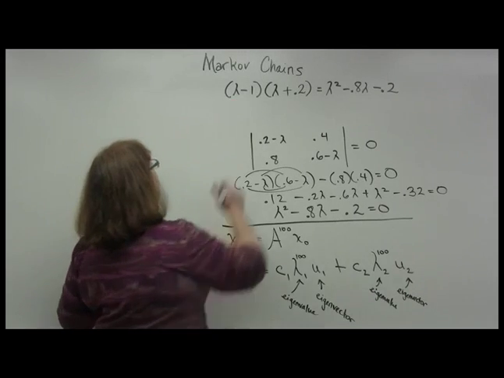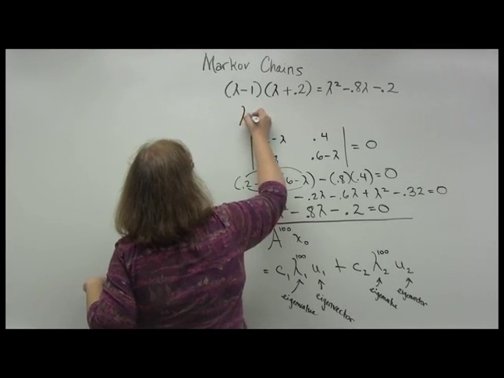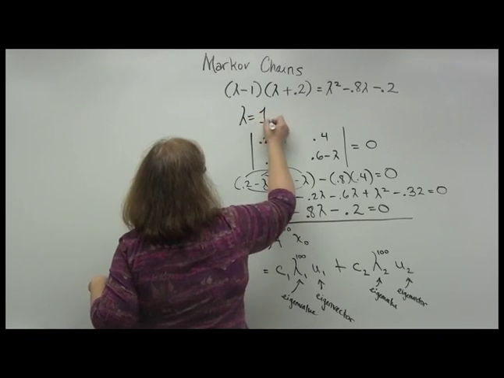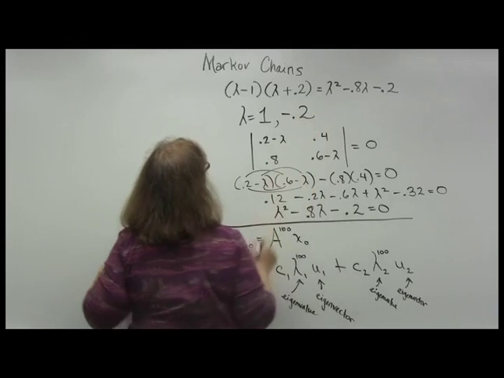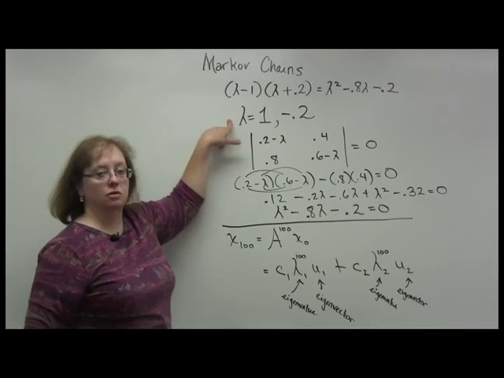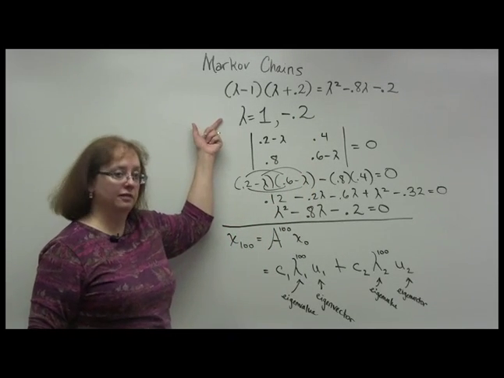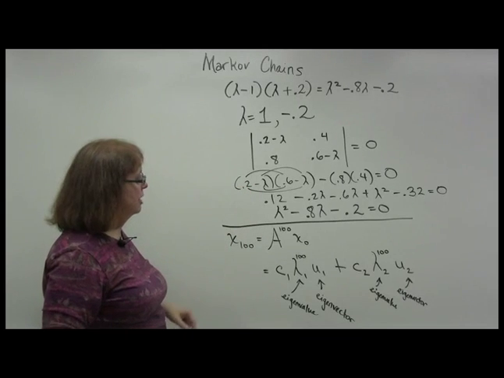That gives me eigenvalues of 1, which we knew, and negative 0.2. Okay, so 2 by 2 matrix, I had 2 eigenvalues, not a big surprise there.